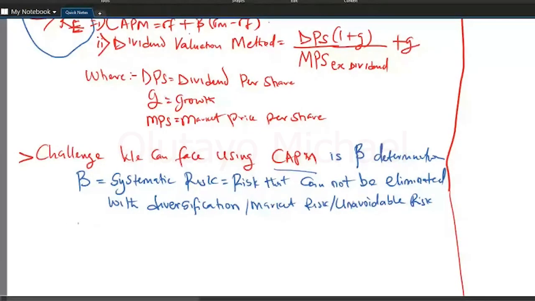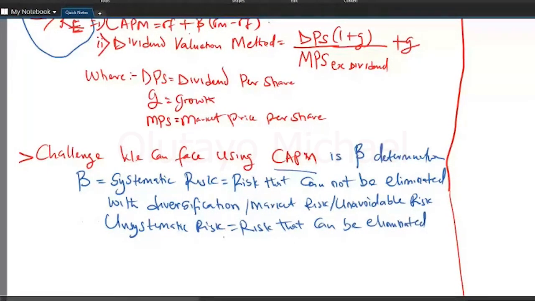Why unsystematic risk? Unsystematic risk, all right, is a risk that can be eliminated through diversification.